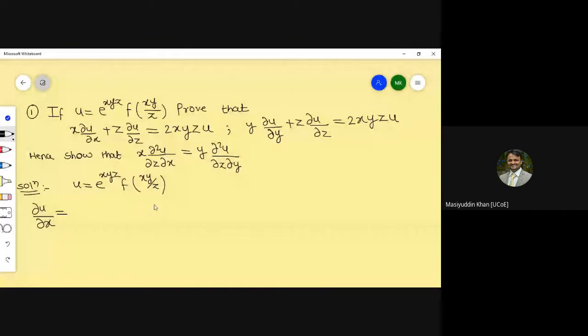Where you are saying u is equal to e raised to x y z, e raised to x y z, function is clearly x y by z.